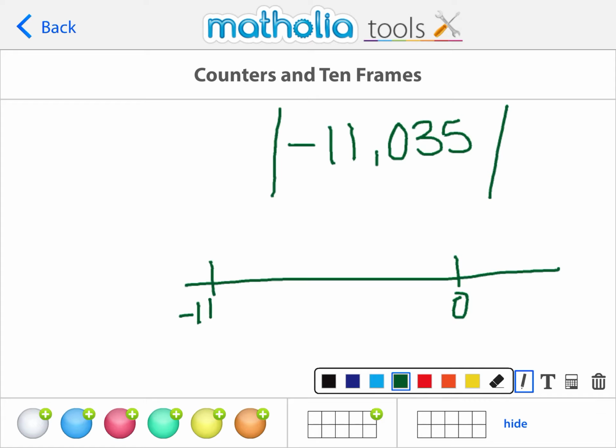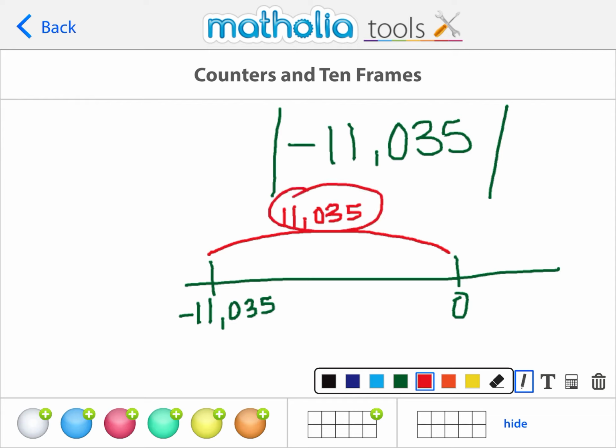We want to know how many spaces from 0 -11,035 is. We could literally count all of those spaces to see that that is literally 11,035 spaces from 0. So the absolute value here would be 11,035.